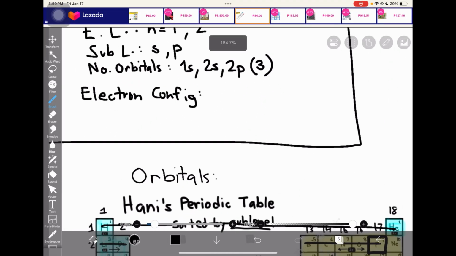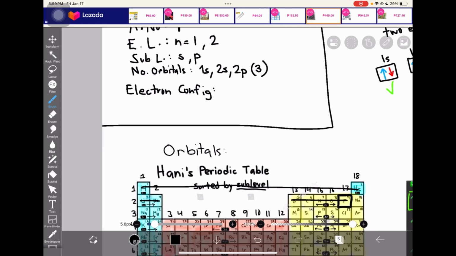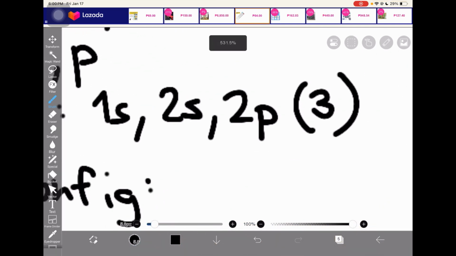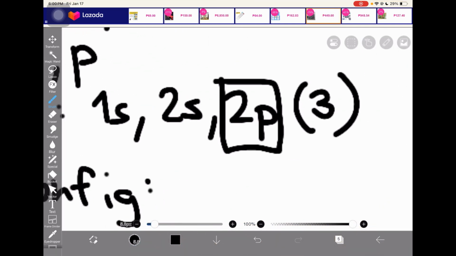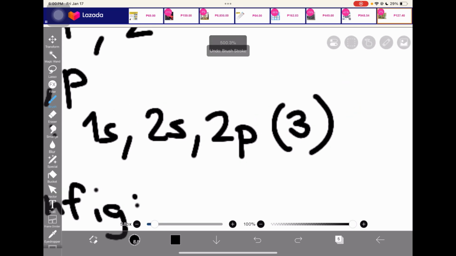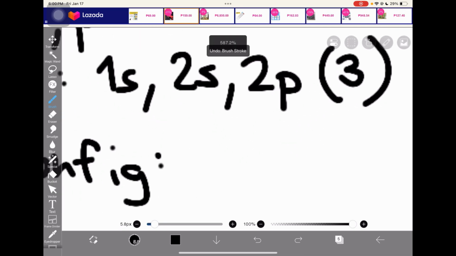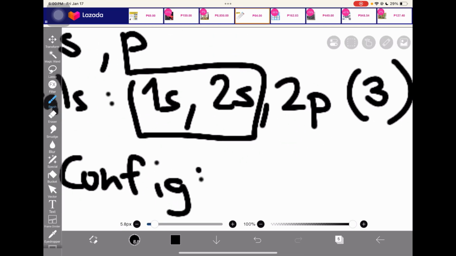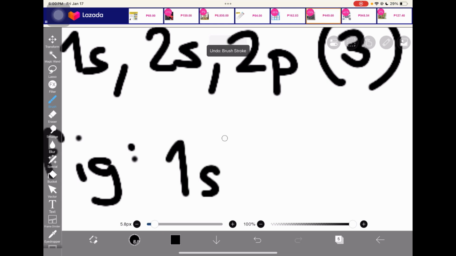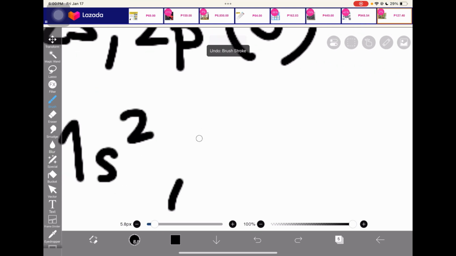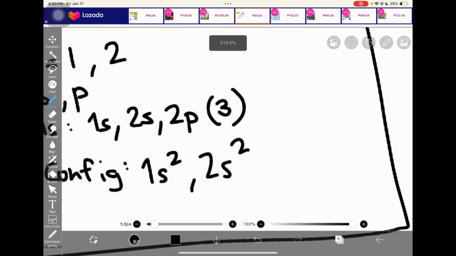Now, the electronic configuration. A tip to expedite it is that you just have to focus on the last term. So this is 2p. For the terms 1s and 2s, you can just put the maximum amount of electrons immediately: 1s2 and 2s2.